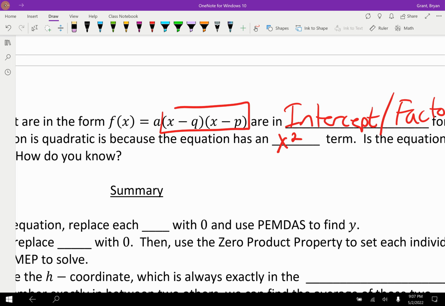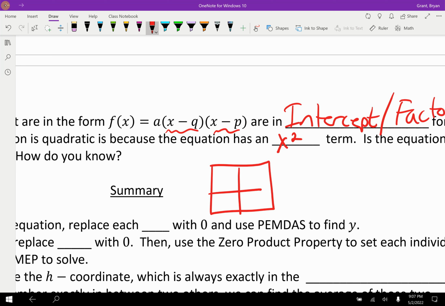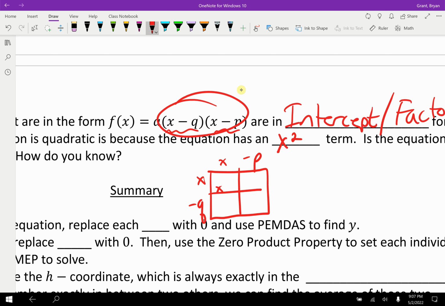And if I wanted to go through and make a really quick box, because of course these factors are the outside of the box, x minus q and x minus p, when you start to multiply this box out, there we go, in the upper left, x times x is x squared. And remember, the inside of this box is the same as the outside. It's just another way to represent it. So this equation does have an x squared term, right? The x squared term is just hidden in the parentheses here. So it's one of those forms you need to recognize. There's an x times another x. That is quadratic. The equation will make a parabola.